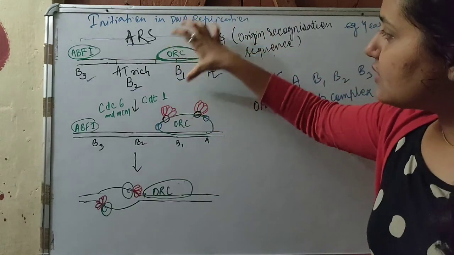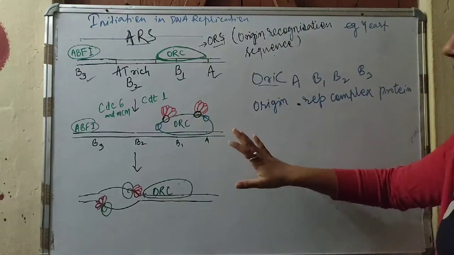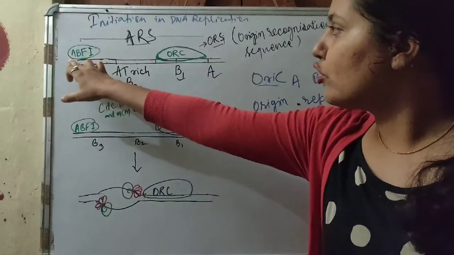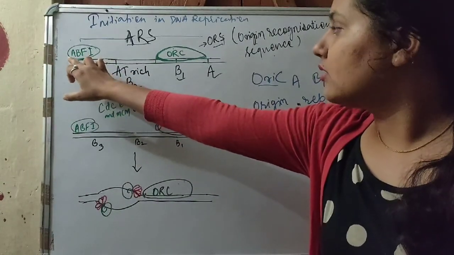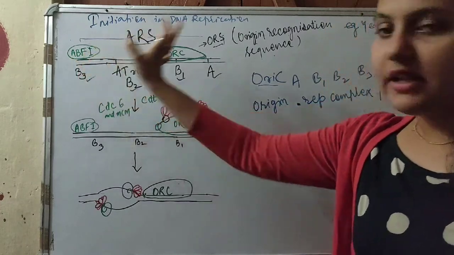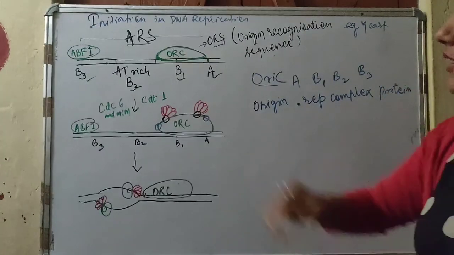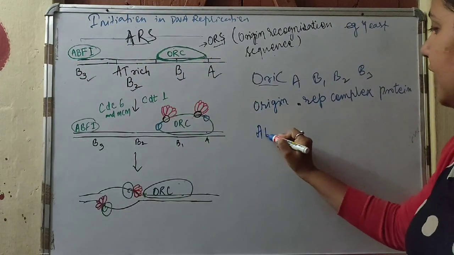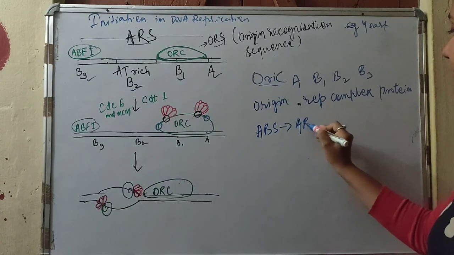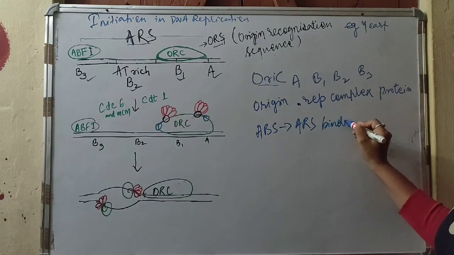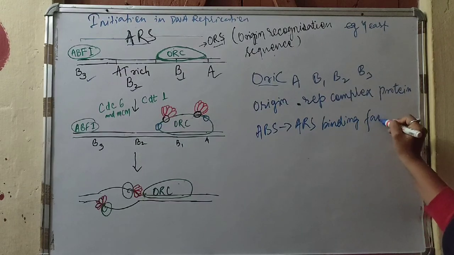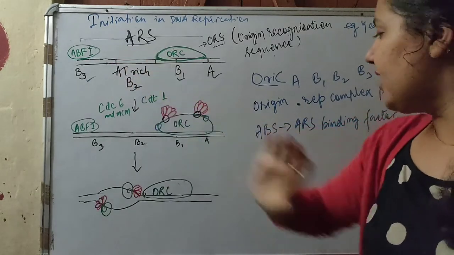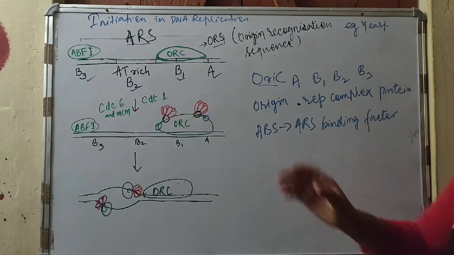As the ORC binds to ORS, then in the other domain, B3, ARS binding factor binds. ABF, that is ARS binding factor 1, will bind in the domain B3.